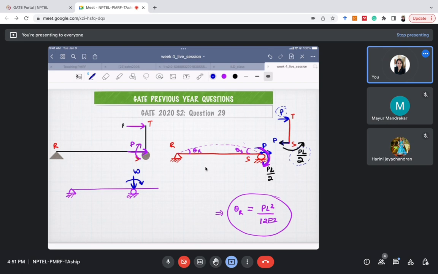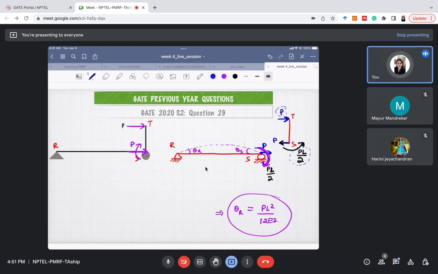And what will be the value of this moment? It will be the load which you shifted multiplied by the distance which you shifted. Let us call the distance L, so it will be WL. So that is one method, just for calculation purposes. You can do it like that also.